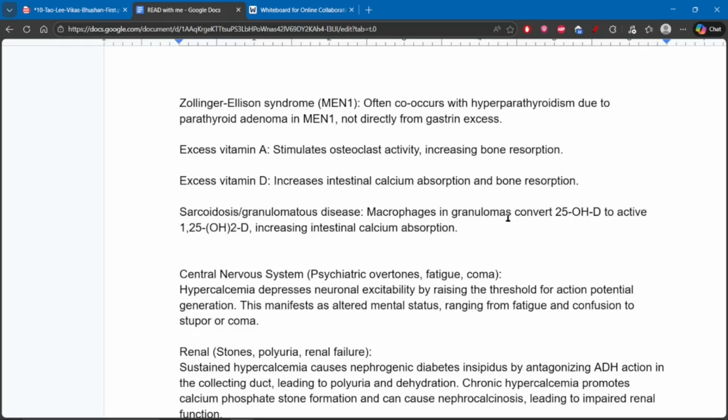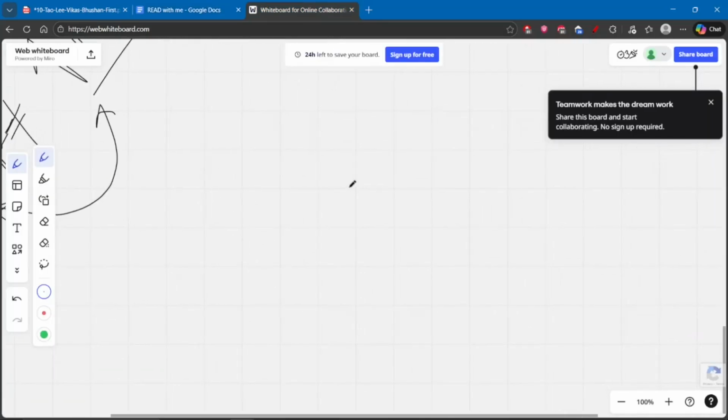So macrophages in granulomas basically convert the 25-hydroxycholecalciferol to the active form. So what they do is they convert the calcidiol to the calcitriol, right?